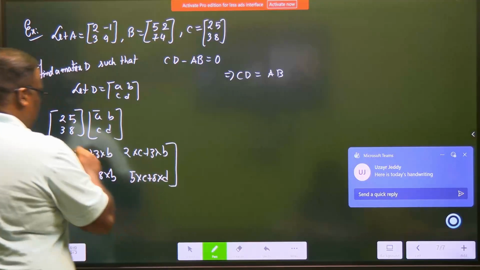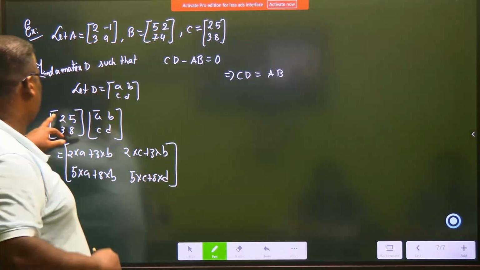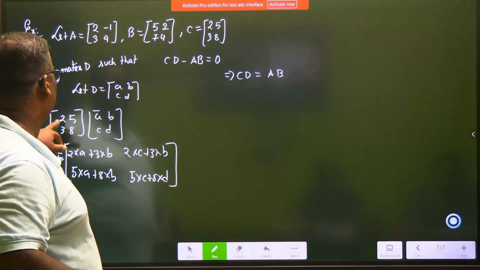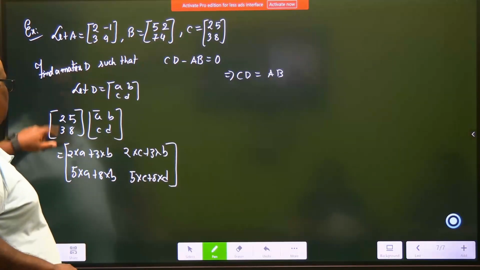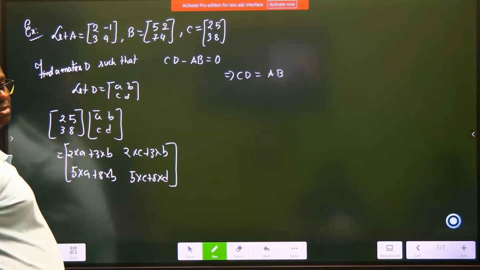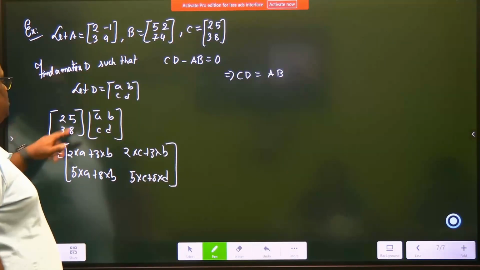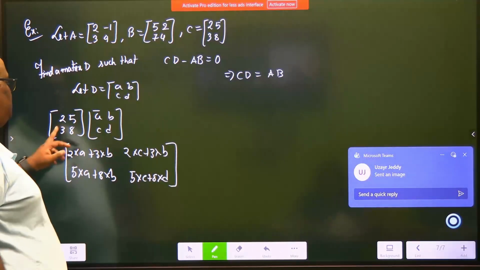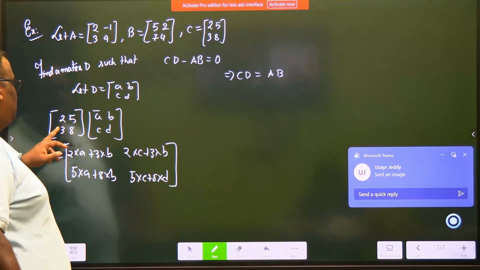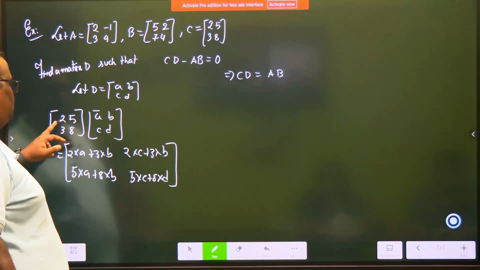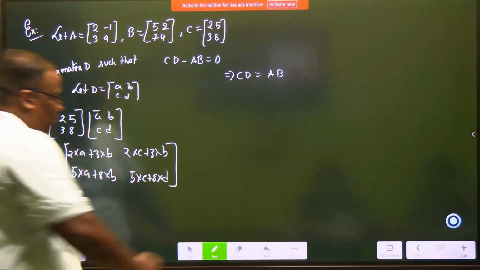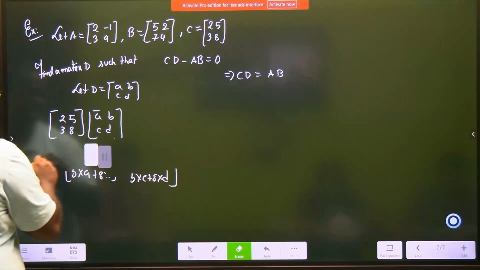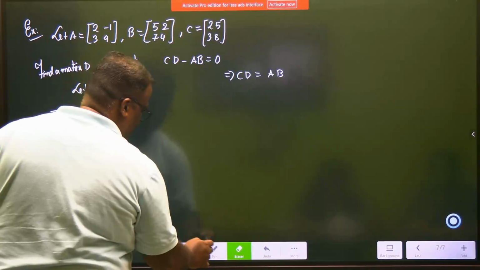What if we do it just 2A. No, I'm going this way, na? Rows into columns. Columns into rows. 2 into A plus 3 into B. Wait 1 minute, I'm doing it.